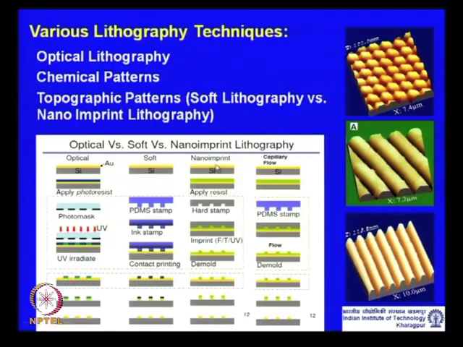You emboss it, many times applying an external force, freeze the patterns either by cooling or by UV exposure, and then demold or remove the stamp to get topographic structures.